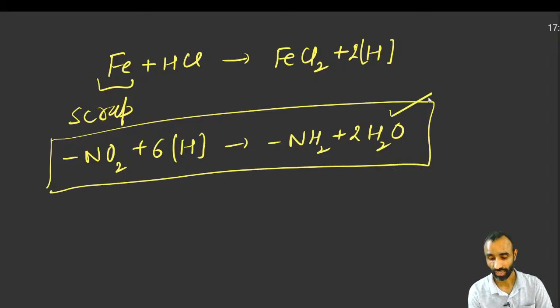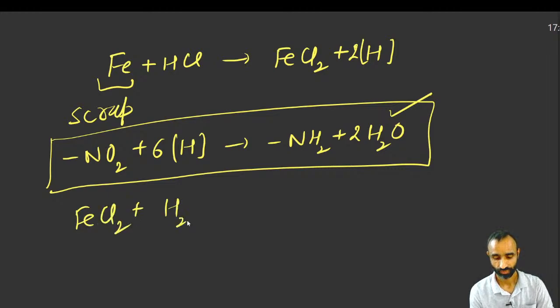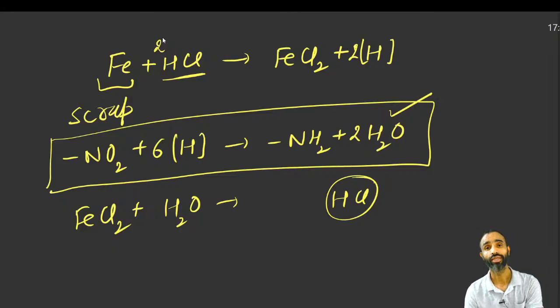And as this is formed, FeCl2 is hydrolyzed, and we get back HCl. So overall, this HCl is recovered in the process. So only scrap iron is being used.